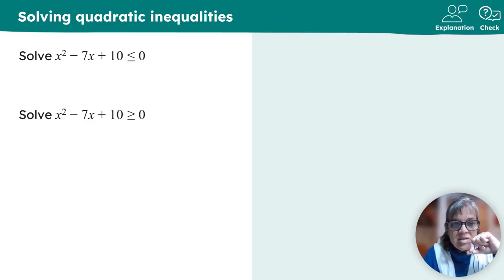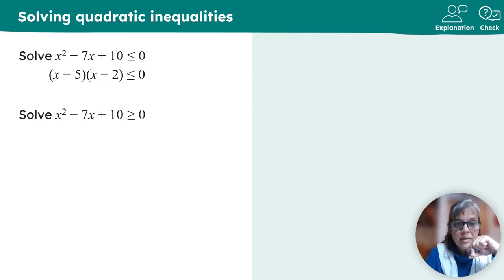So if you're going to solve something where you have the quadratic that is less than or greater than 0, you can just factorize the part that's the curve. Then you get the critical values. So what would be the critical values here? This factorizes into x minus 5, x minus 2. What are my two critical values?